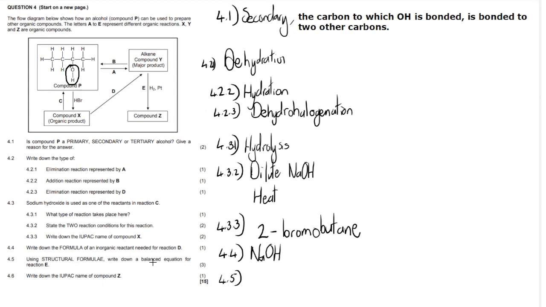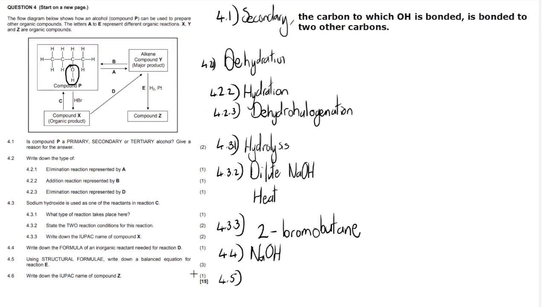4.5, using structural formula, write down a balanced equation for reaction E. Are we going to an alkene that is 4 carbons, which is taking place with hydrogen and platinum? Now that feels like addition for me, ladies and gentlemen. So let's have a look here. 4.5 is going to be, I feel like, addition.